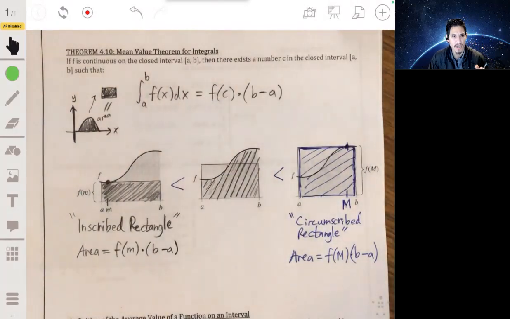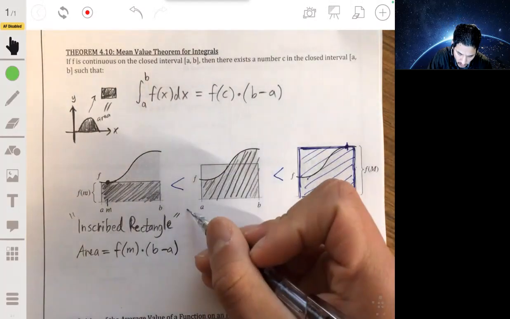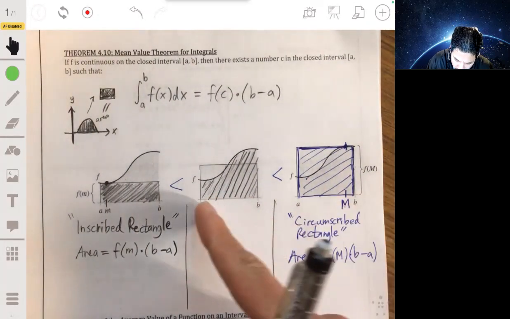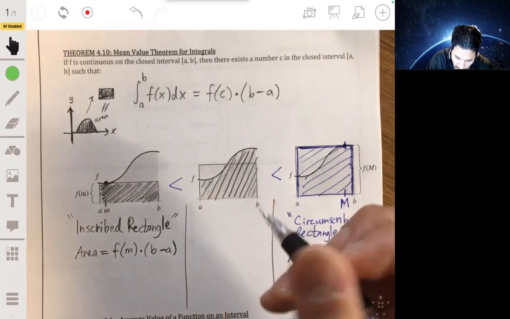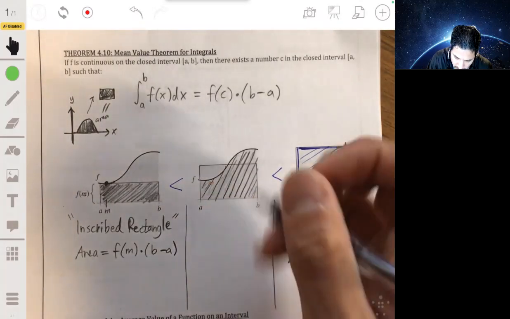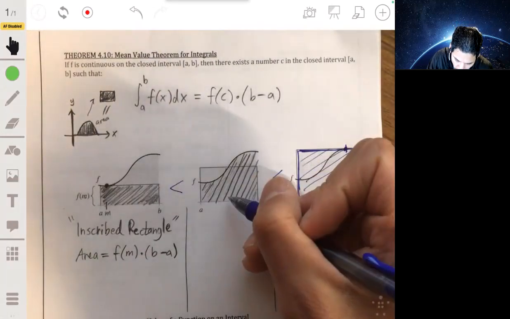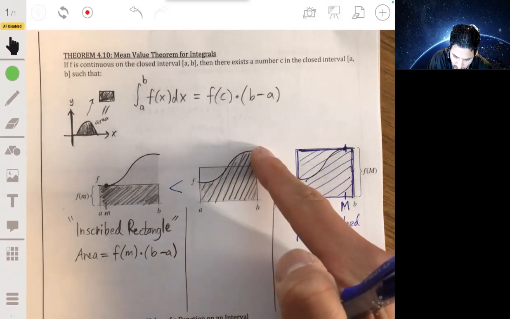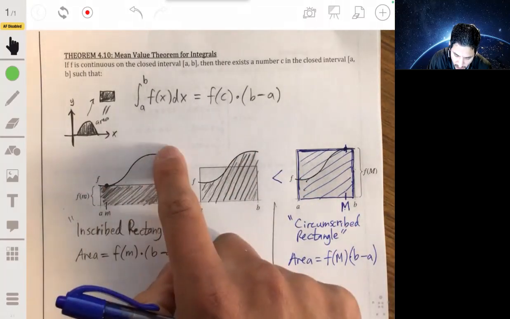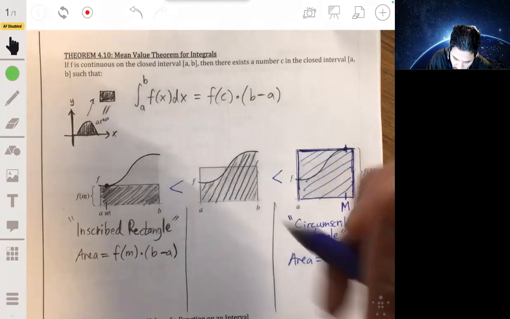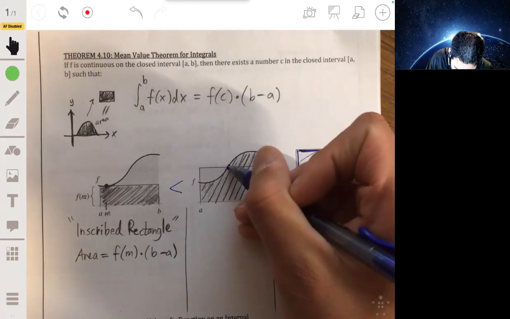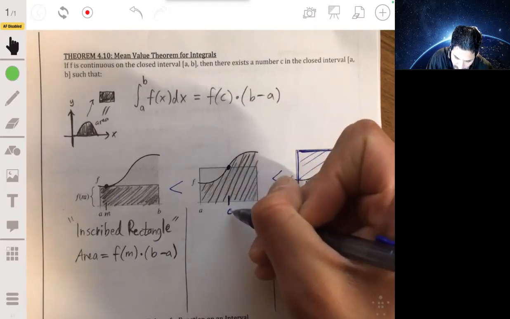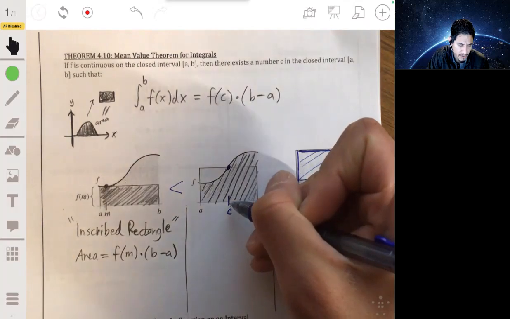And what this is saying is that we can find a rectangle that has a width of b minus a and a height somewhere between the lowest possible height and the largest height, somewhere between f of m and f of large M. So in this case, the height of this rectangle is given by taking f of c, where c will be about here.